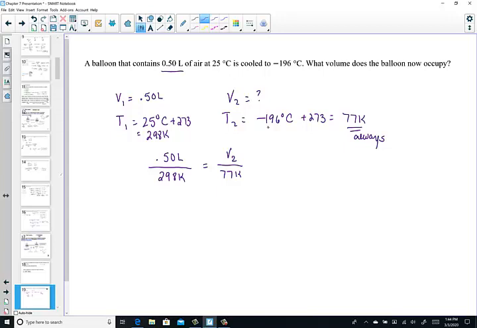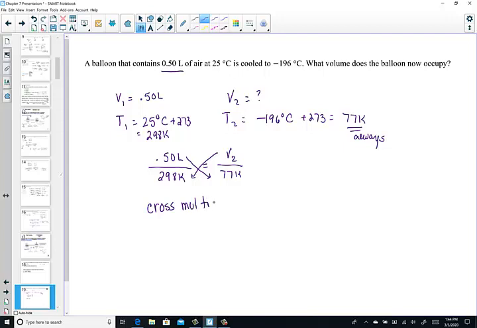So here we have solving for V2. Now, how do we isolate this variable? Well, when we think about isolating the variable, I want you to just cross multiply. So we could simplify the left side first, or you could just cross multiply, whatever you're most comfortable doing here.